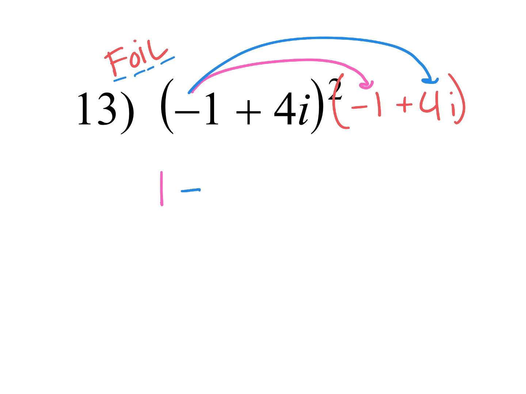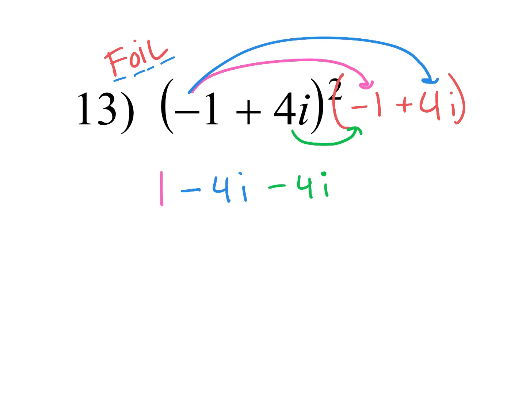Negative 4i. Perfect. What are the insides? 4i times negative 1. Negative 4i.